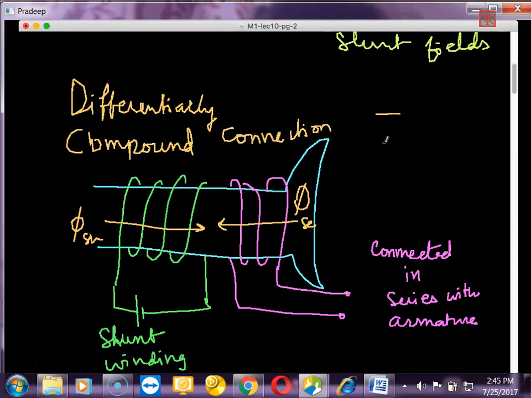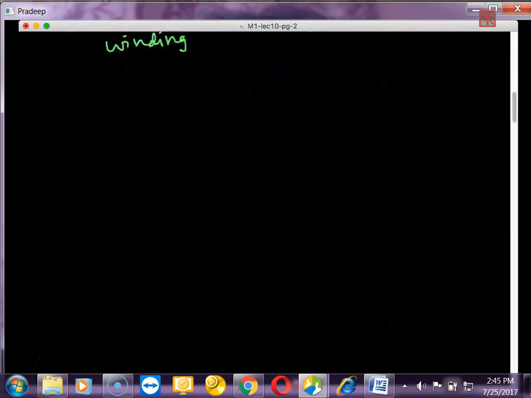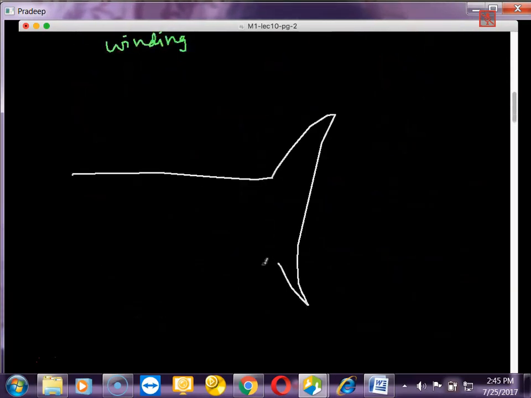Therefore, as Ia increases, flux decreases. This is the nature of this particular connection. If I keep the shunt flux constant, the more Ia I pass, the weaker the flux will become. So this is one connection. Another way to connect, of course, is the opposite way. You can connect both in the same direction.